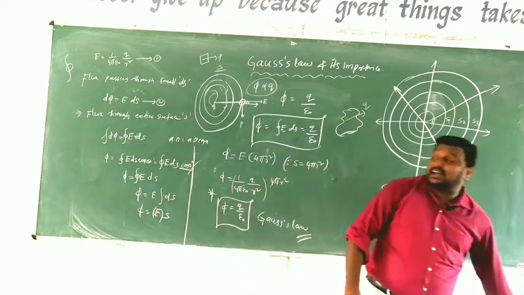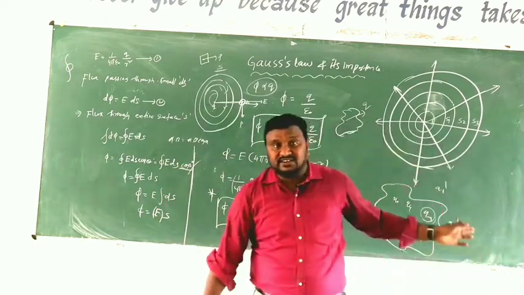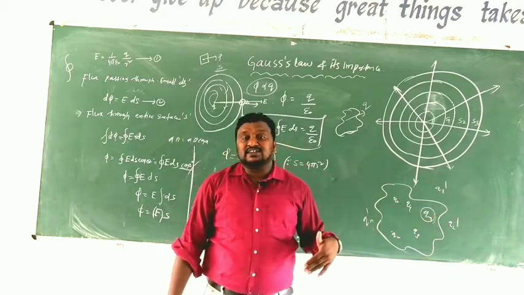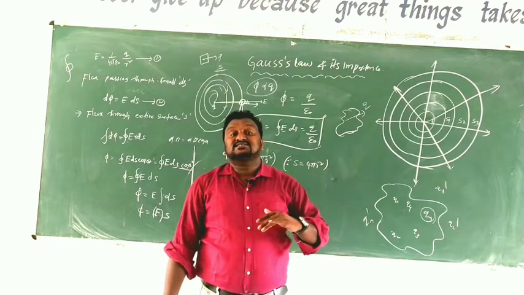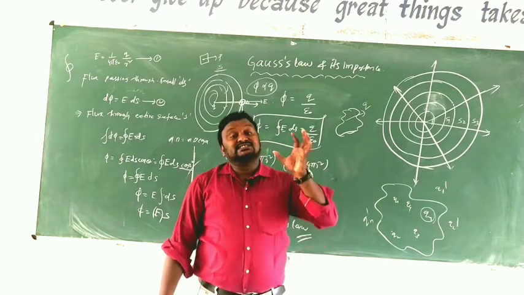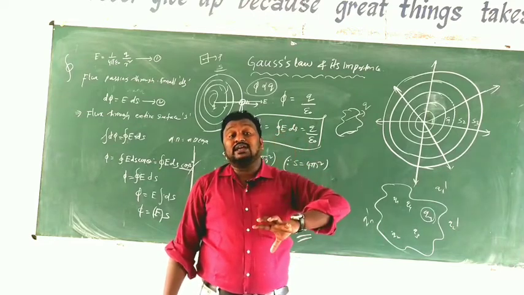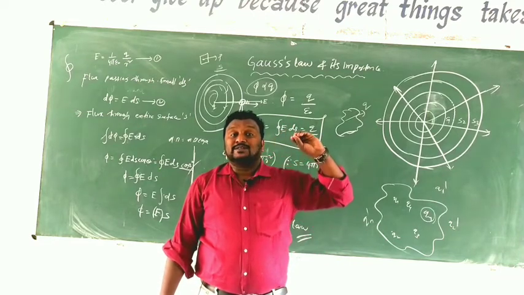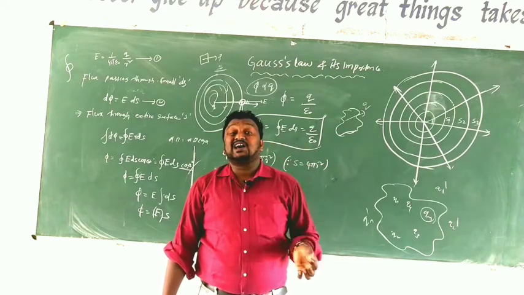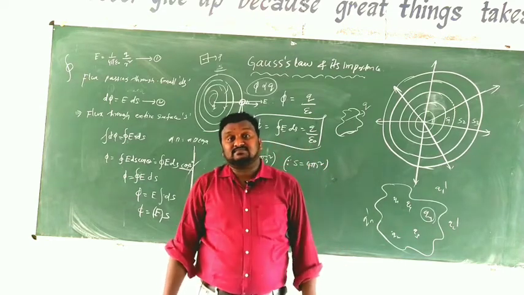When we take a Gaussian surface, some charges are inside it and some charges are outside it. In this case, the flux through the surface is only because of the charges which are inside the surface.